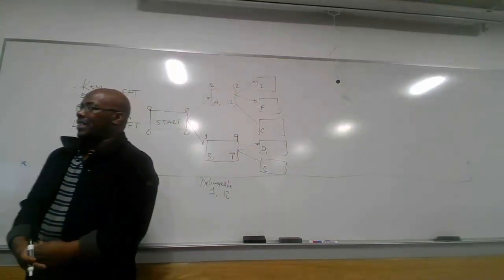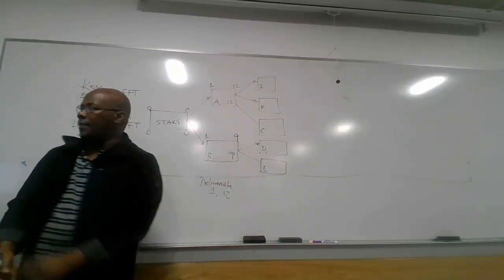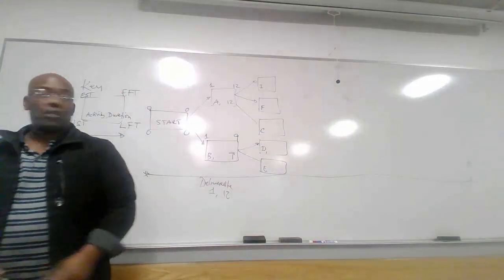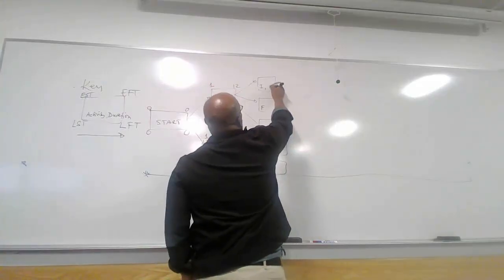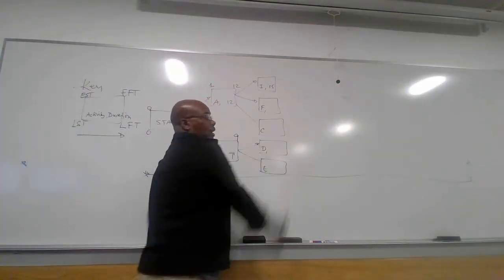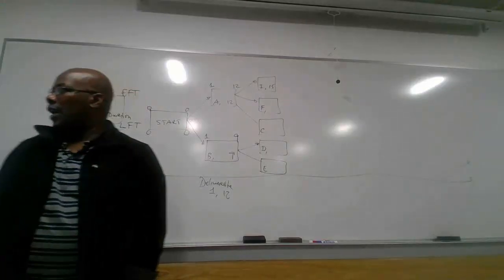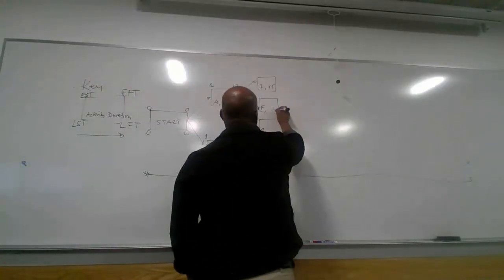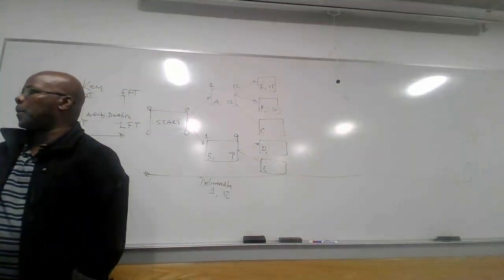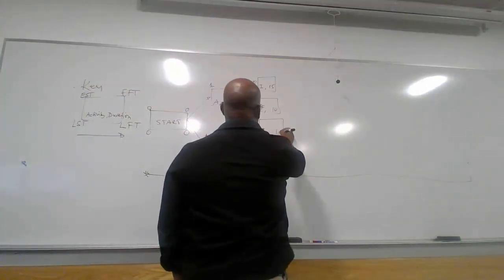So activity I has got 15 weeks, and F, we have 10 weeks. D, we have 10 weeks.